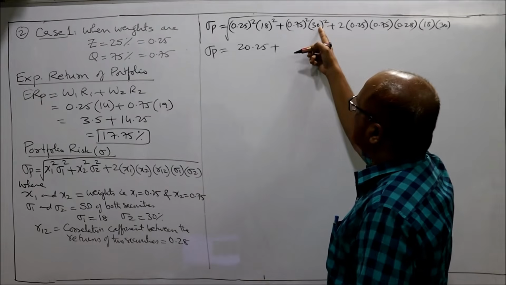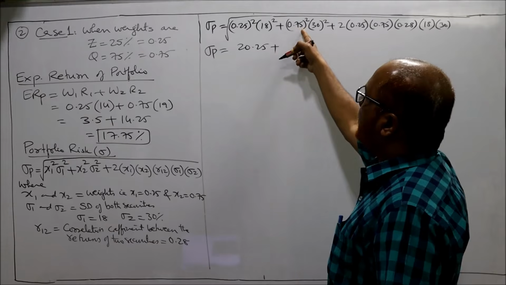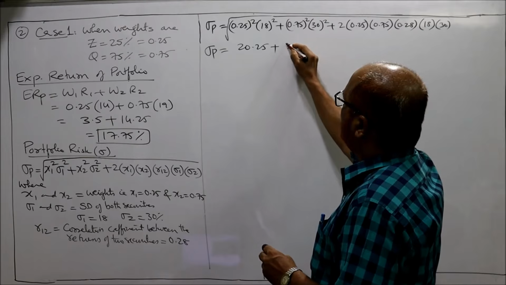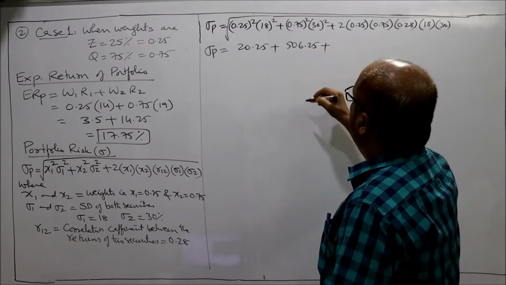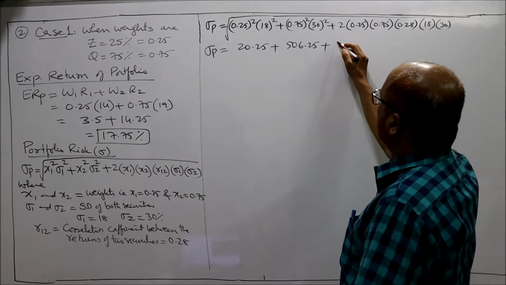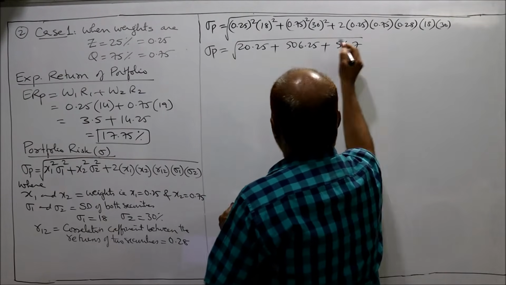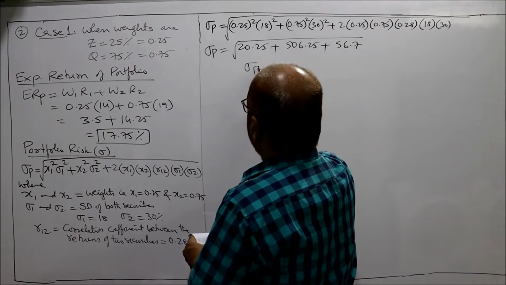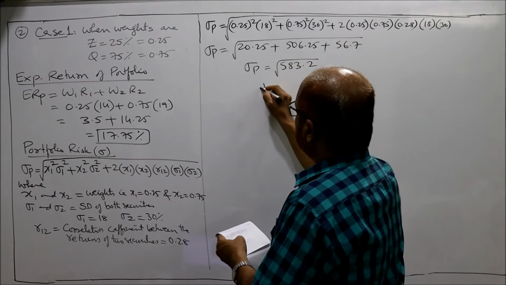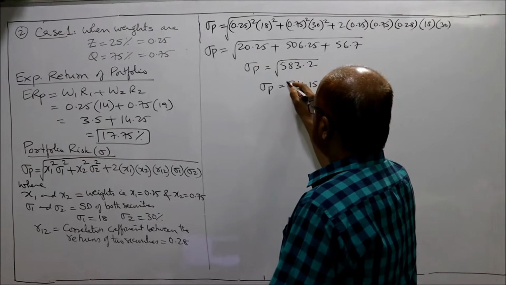Plus 30 square, 30 square is 900. 900 into 0.75 square. First we will find 0.75 square, then multiply into 30 square, 900, so ultimately you will get 506.25. Plus, now we multiply all the terms of the last part, you will get 56.7. Now I am putting it under root, so sigma P is equal to 583.2 under root. Then sigma P is equal to 24.15%.